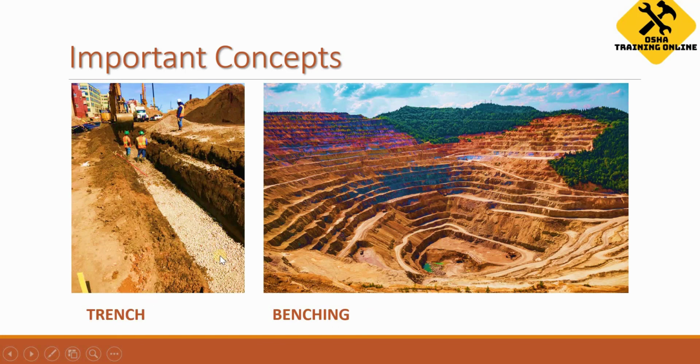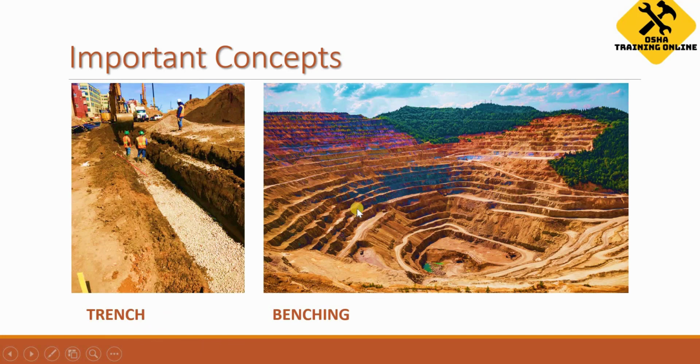As you can see, this is a trench and this is a benching. How is it a trench? You can see that the length is more than the width. This is a really long excavation and the length is really more than the width. So when the length is more than the width, it's called a trench. And here, this is also an excavation, but it is made step downward.